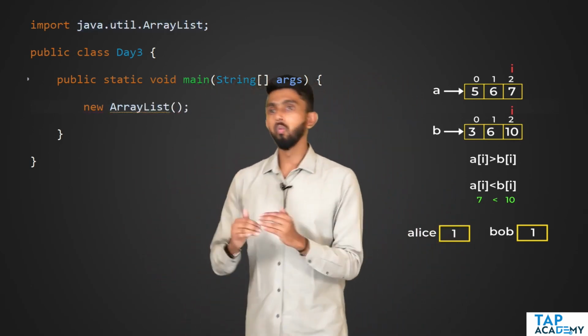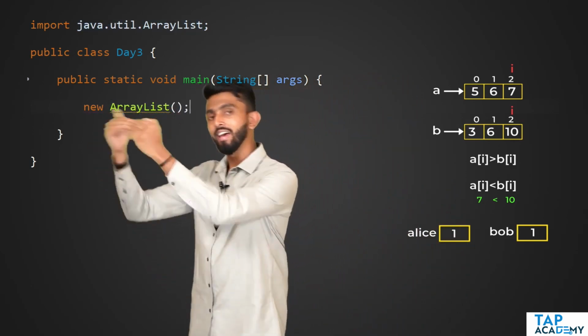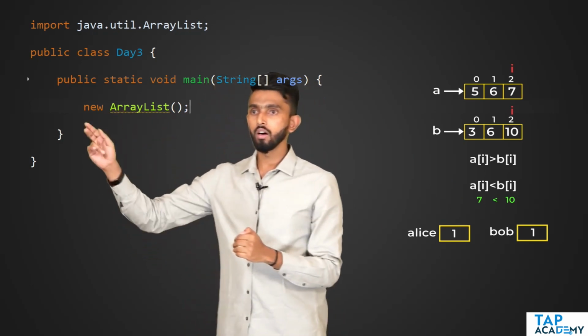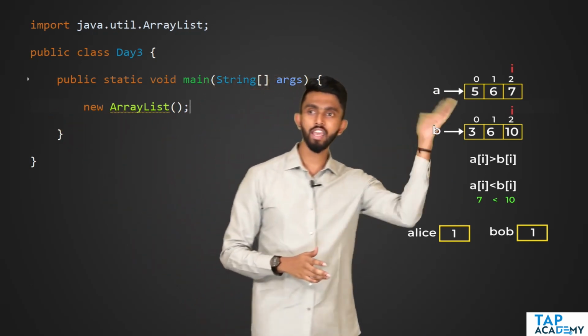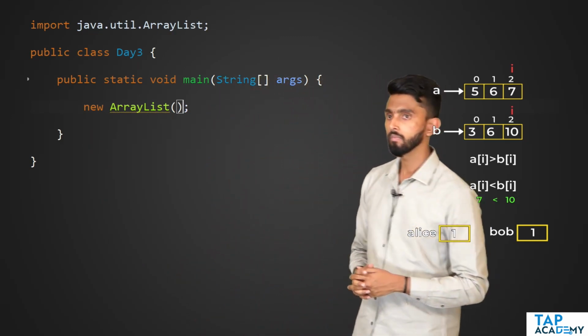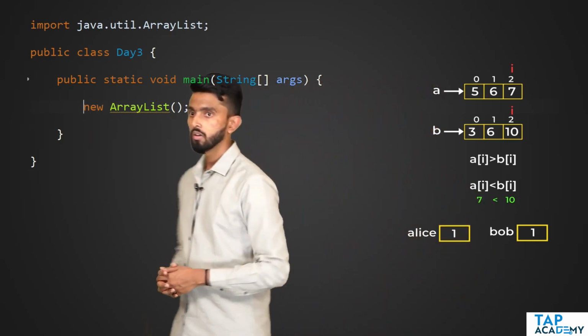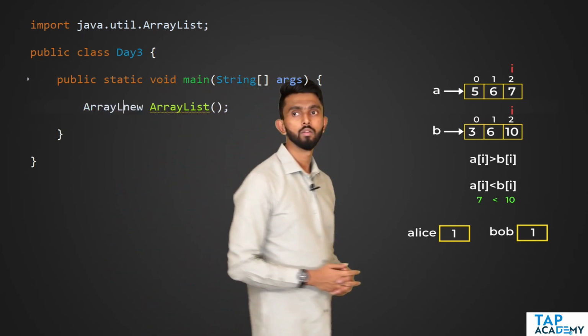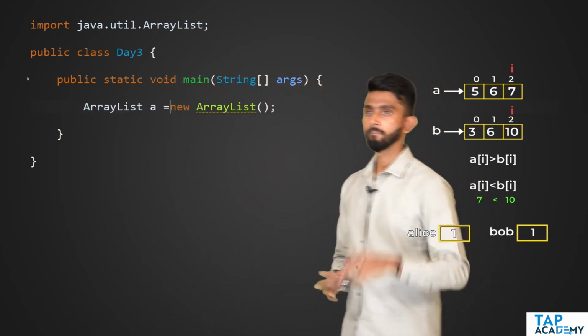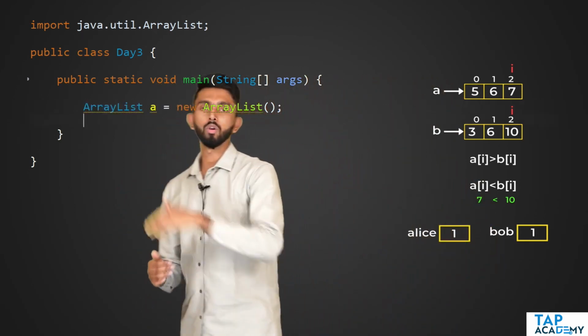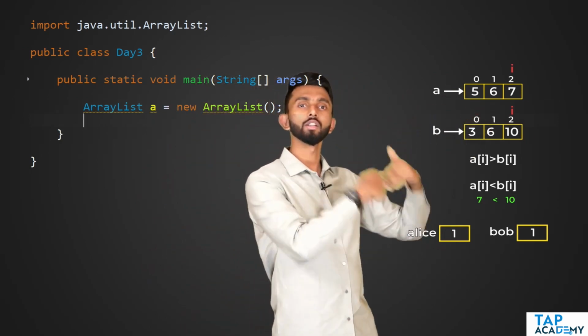Let's give it a reference, I'll call it A. Now one by one you can write A dot add 5, A dot add 6, A dot add 7.